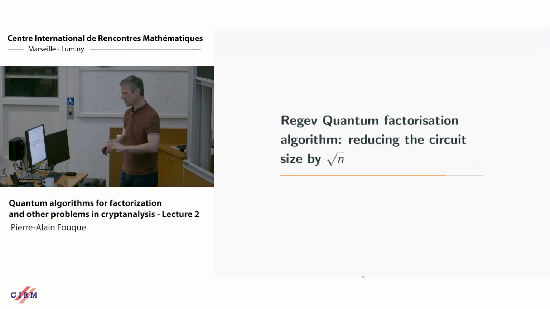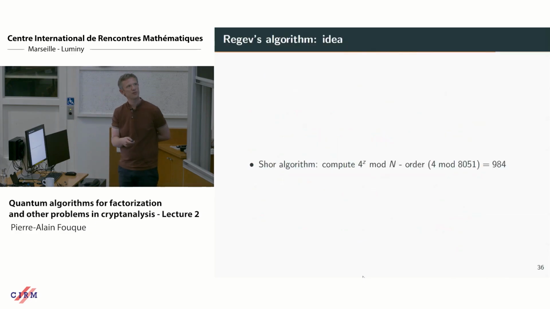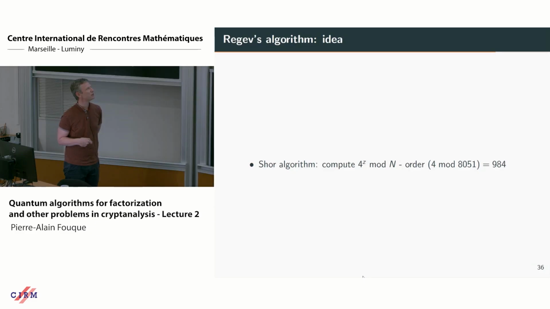Okay, so maybe now I can try to explain how Regev's algorithm works. Shor's algorithm, remember, I begin with some value and I compute the order of 4. I begin with 4 because I know that 4 is 2 to the 2, so I ensure that I will be able to compute the square root at some point.